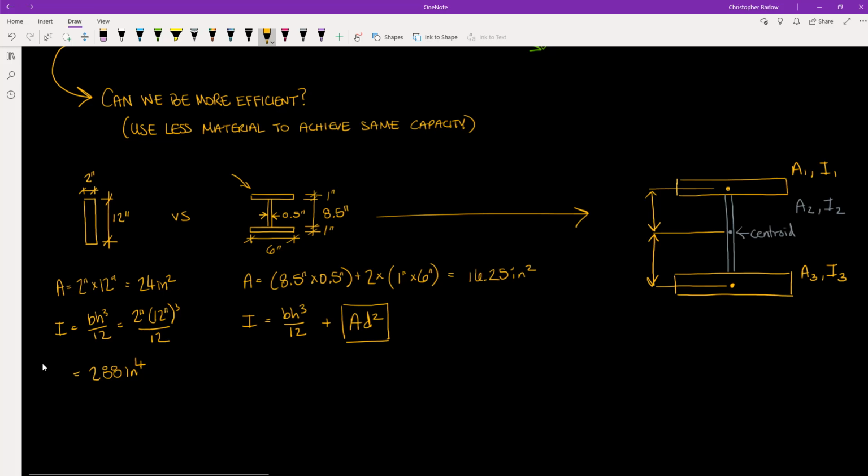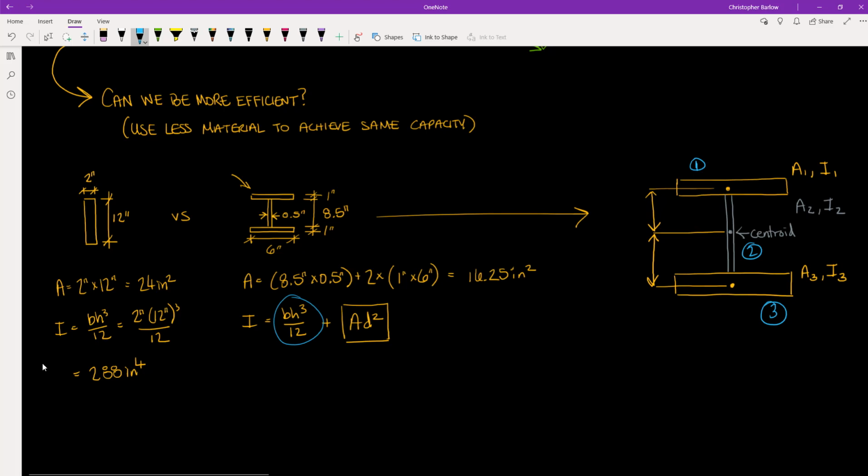To do so, we will need the parallel axis theorem. As we did with calculating area, we will break down our I shape into 3 separate rectangular portions, and each of these portions will have its own moment of inertia, calculated by bh cubed over 12.